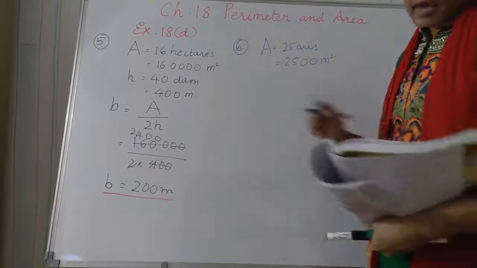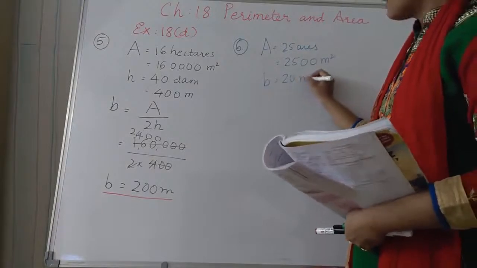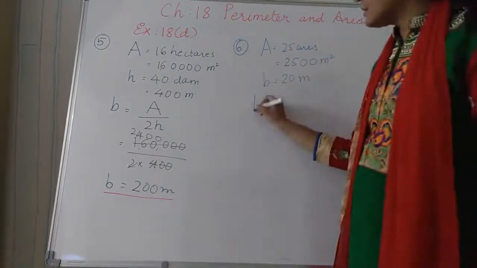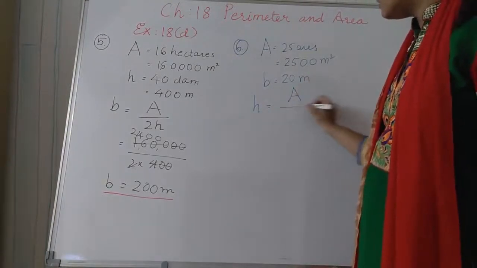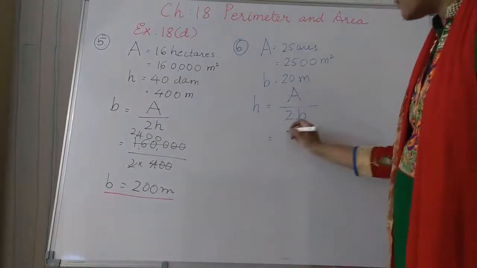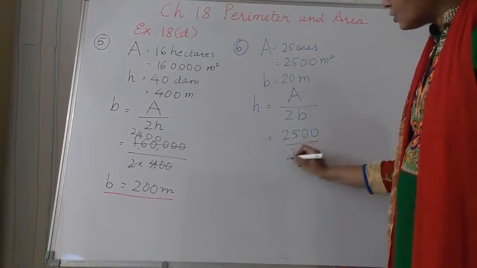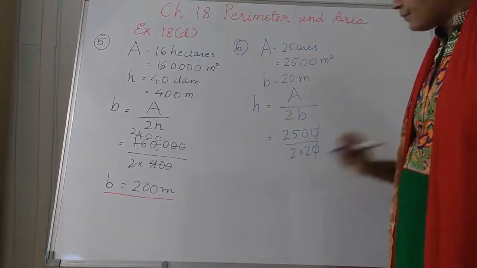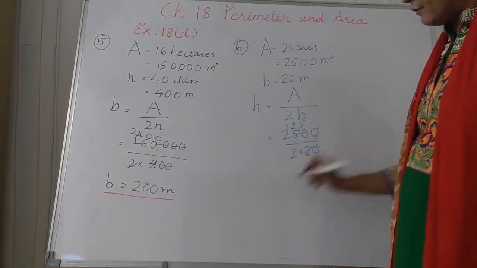Also, base is 20 meters. So you have to find the altitude. Altitude means height, h. That is area upon 2b, which is 2500 divided by 2 into 20, 0 cancelled. This is 2, 1s are 2, 2 2s are 4, 125.